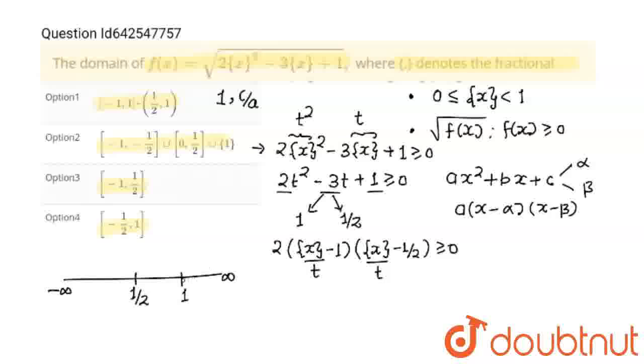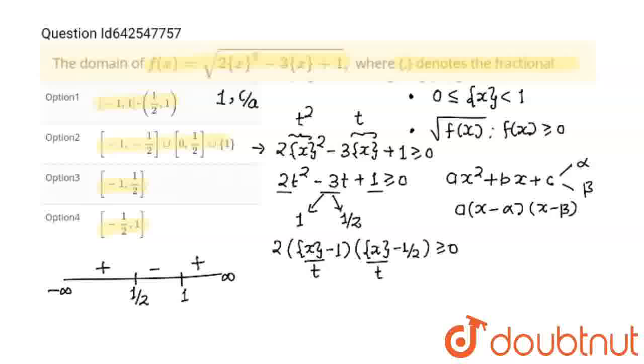If we take any number greater than 1 and place it in place of t, then this whole term will be positive. Okay, and if we take any number between 1 by 2 and 1 and place it in place of t, this whole term will be negative. And if you take any number less than 1 by 2 and place it in place of t, then this whole term will be positive.